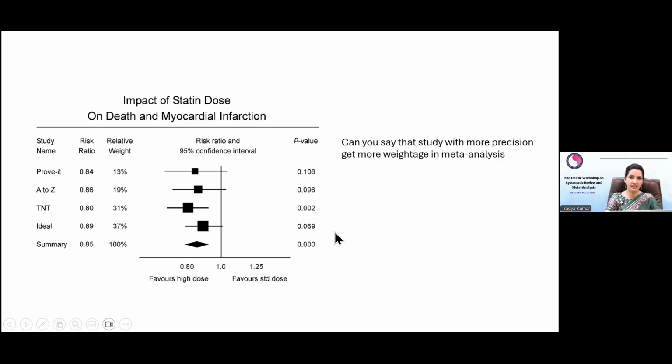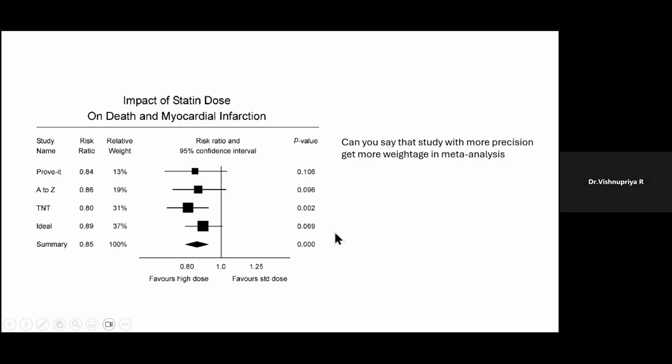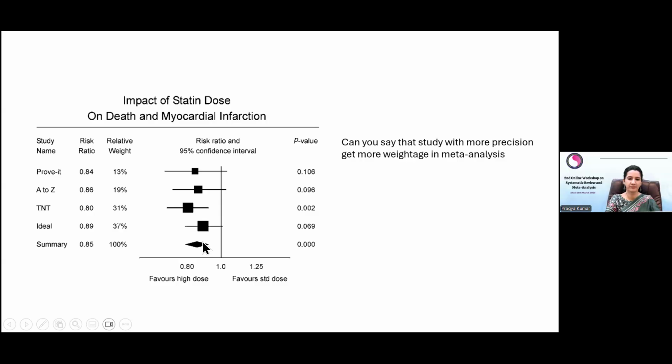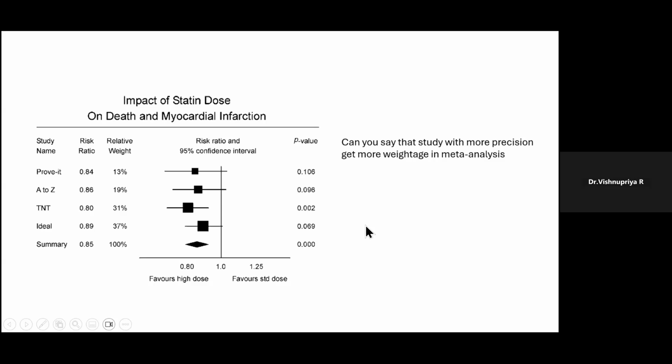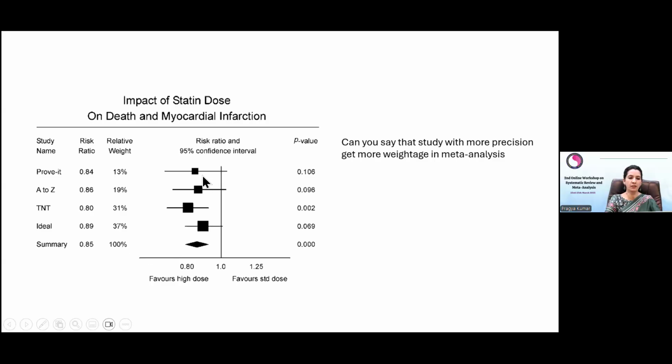Yes, can I see the chat box? No, ma'am, but you can see it in Prove It, TRIAL and TNT. Even though the size of the square is different, the confidence interval seems to be more, right? No, you have to compare from the first two, Prove It and A to Z. So where is the confidence interval more, TNT and IDEAL or Prove It and A to Z?